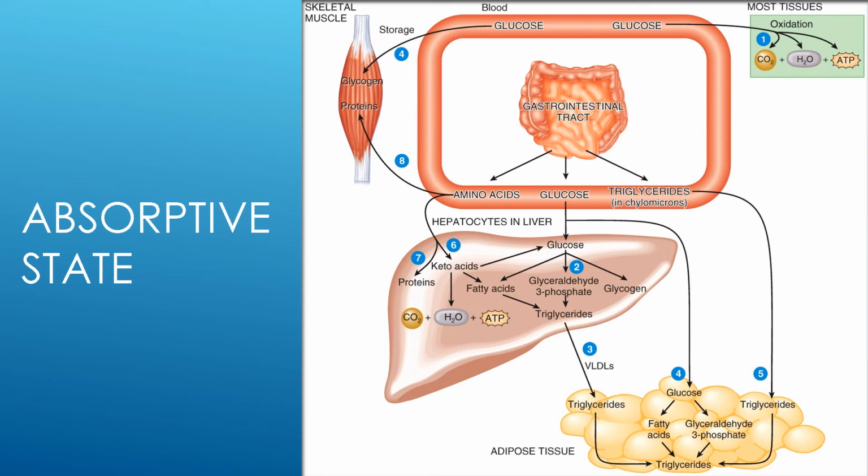Now, some of the fatty acids and triglycerides that are synthesized in the liver will stay there, but the hepatocytes will actually package most of these triglycerides into VLDLs, which will carry lipids as triglycerides into adipose tissue for storage down here.